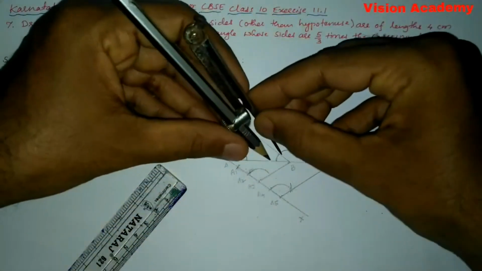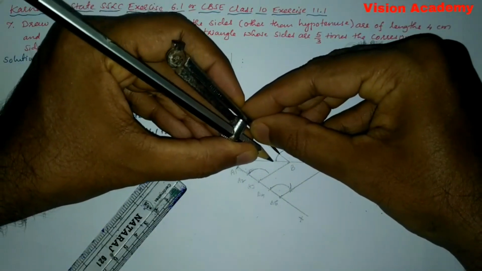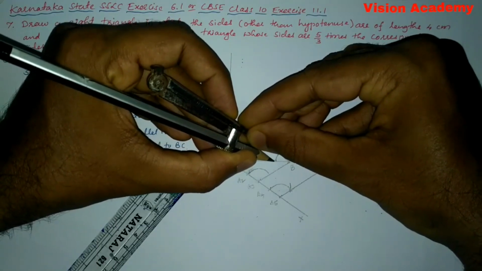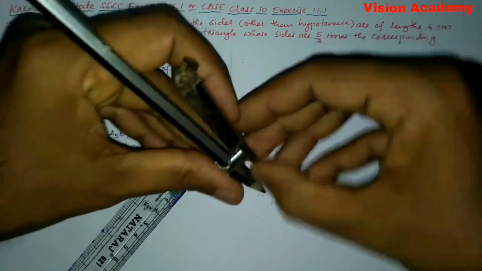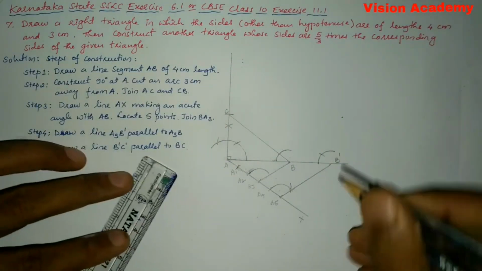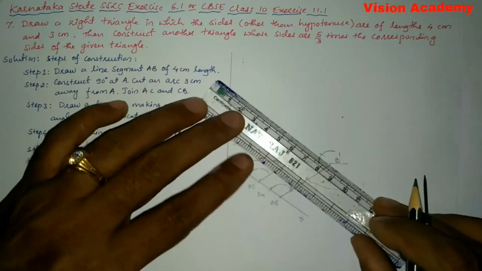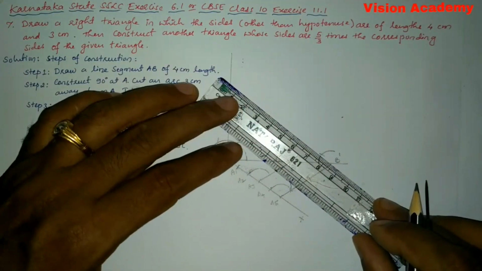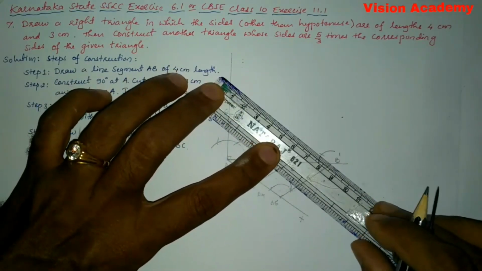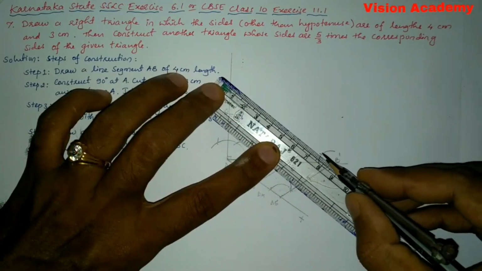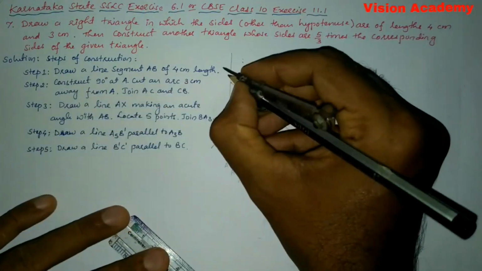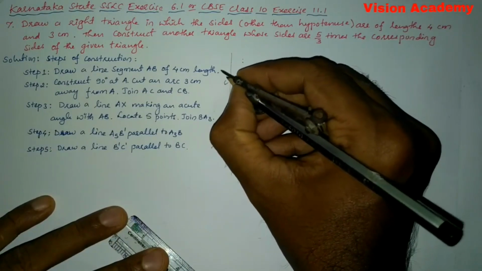Let us take the length of this particular curve, and keeping on this point, cut here. So here we got one point through which we will be able to draw a parallel line. Let us name this as C dash.